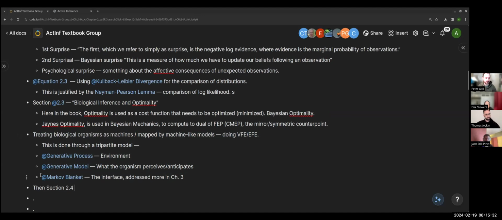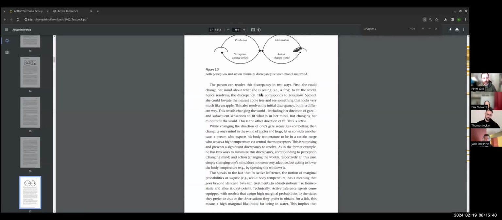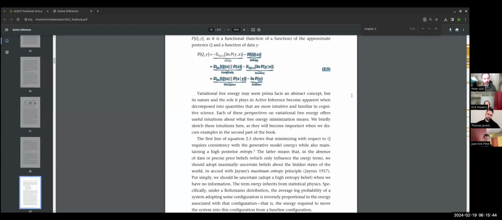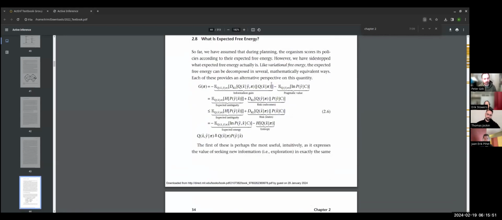And the only thing that needs to be changed in equation 2.5 is the substitution of the variational free energy with the expected free energy. So basically, those two equations are related to each other, and they're actually the mirror image of each other, or counterparts to each other.